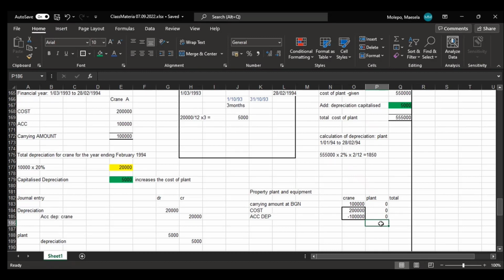Do you agree with her? Runtete says she agrees. It's correct. She's right. We didn't have the thing at the beginning of the year. So it means our total will still stay 200 minus 100.